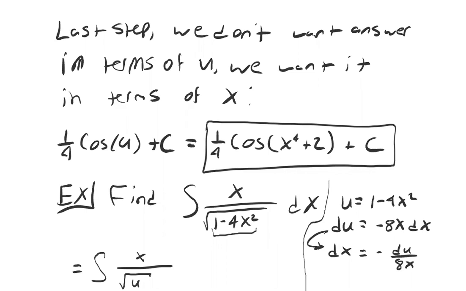So I'm going to get negative du over 8x. And now I'm going to clean things up and simplify. So we have x over square root of u, negative du over 8x.